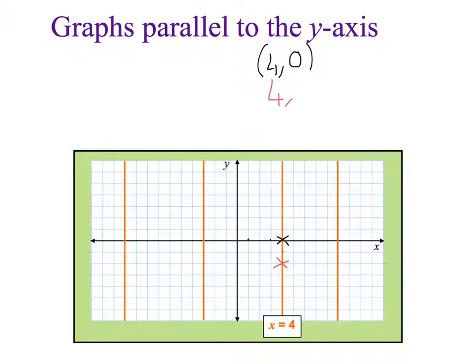The coordinate of the red point is 4, minus 2. What do these have in common? Well, the x value is 4, and anywhere along that line the x value will be 4. So the equation of this line is x equals 4.